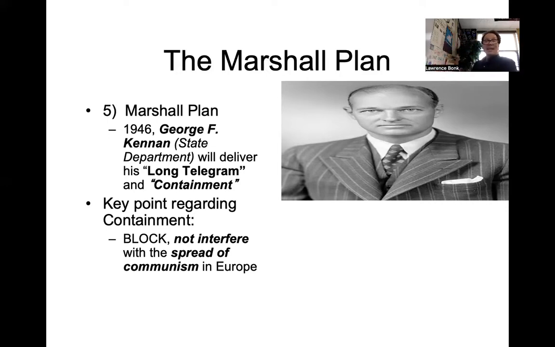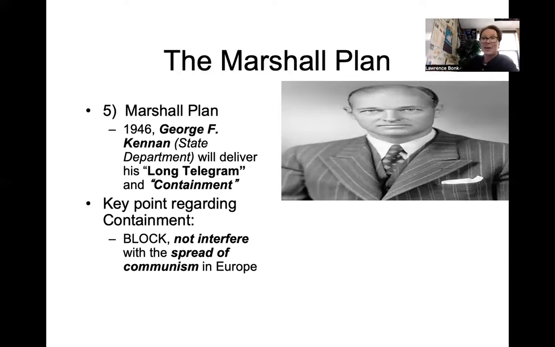In other words, you may not be able to go into the countries where it's already taken root: Soviet Union, Poland, Czechoslovakia, Hungary, Romania. From Kennan's point of view, those countries were too far gone. Rather, focus on the countries that might be susceptible, like Greece and Turkey.